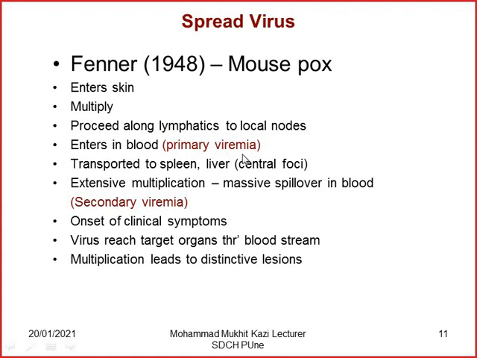This is primary viremia, and further by systemic spread it is transported to spleen and liver, the central foci, with extensive multiplication and massive spillover into blood, that is the secondary viremia, and then onset of clinical symptoms starts. Viruses reach target organs through the bloodstream, and multiplication leads to distinctive lesions. This is how Fenner narrated the pathogenesis or spread of viruses in the experimental animal.